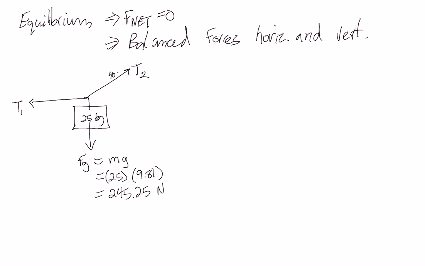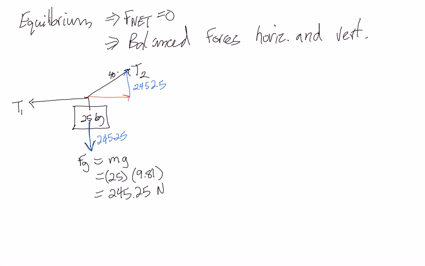So that means, in this case, that force of gravity downwards, if it's 245 going down, means the vertical component, and out of these two ropes, the only vertical component is the one on the triangle, so that one has to be 245.25 as well.